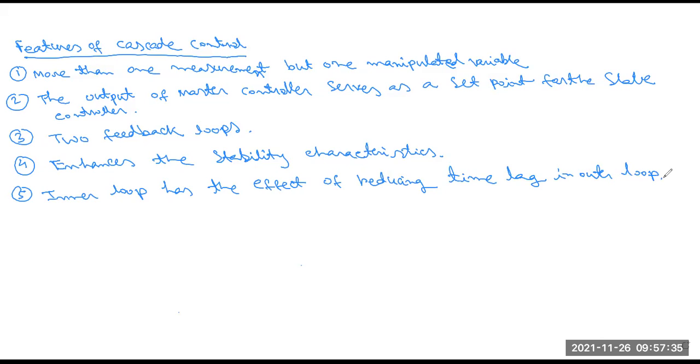Okay, so this is another one. The inner loop has the effect of reducing the time lag in the outer loop. So in that case, the cascade control responds very quickly, and it also improves the dynamic performance. These are basically the main reasons.